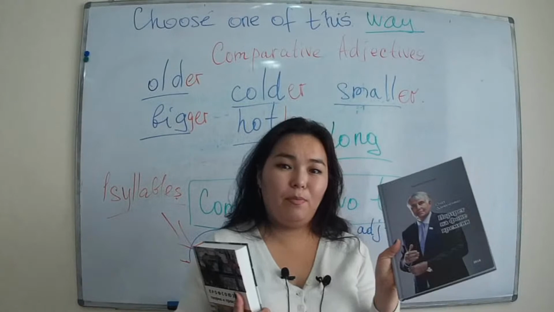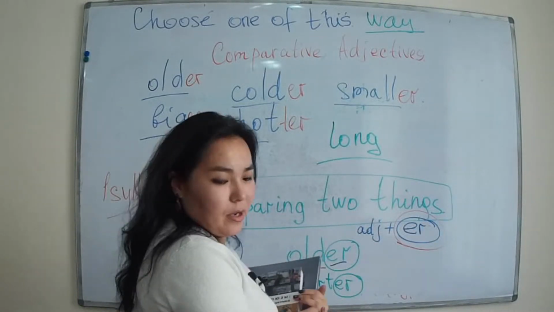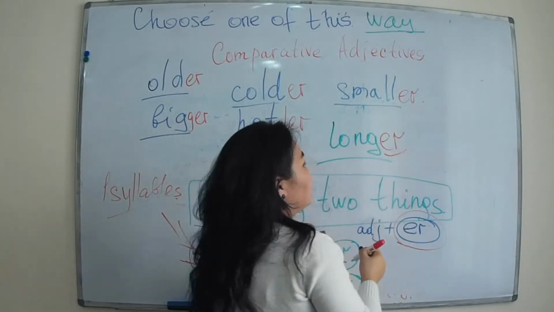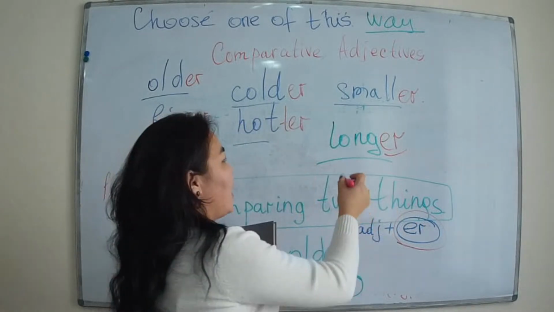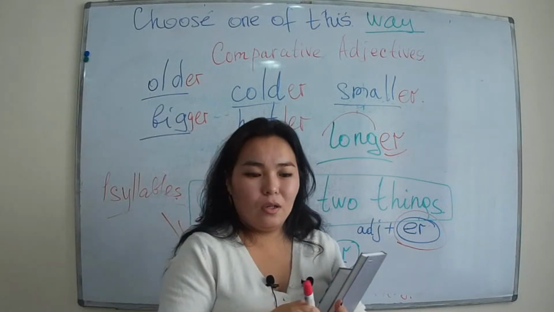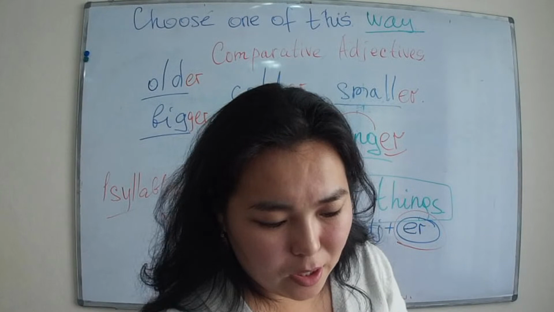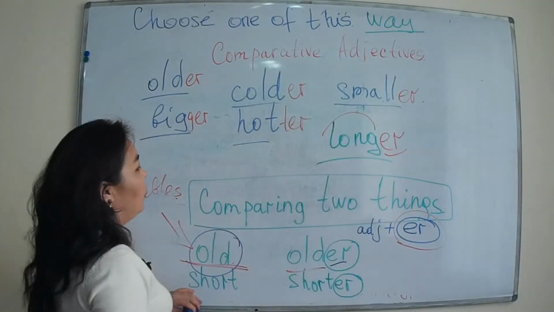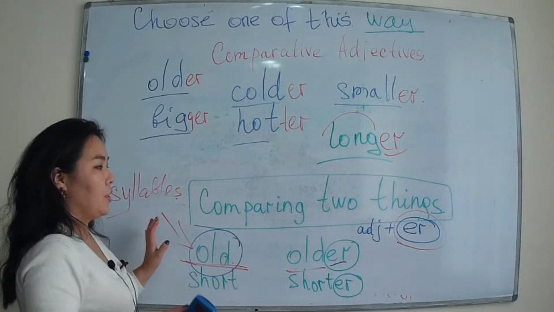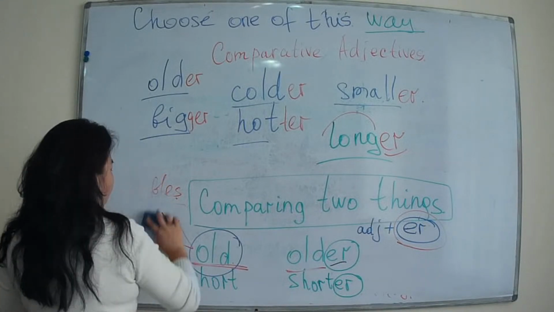This book is longer. I should write longer and connect with the ending er because it has only one syllable. This book is longer than another. Okay, it's all about comparing two things using the adjective which has only one syllable.